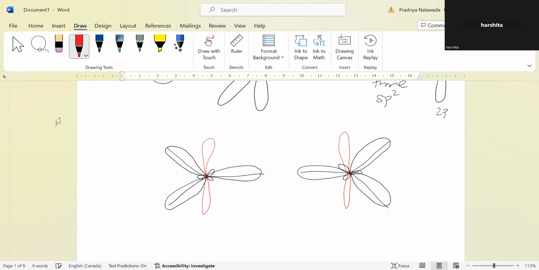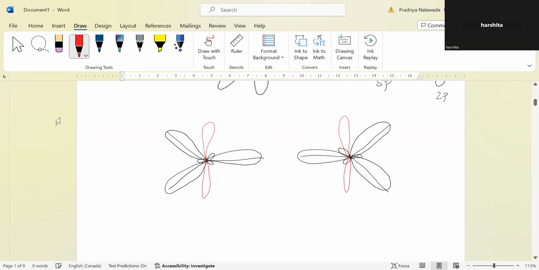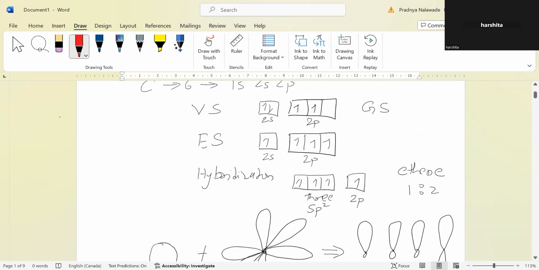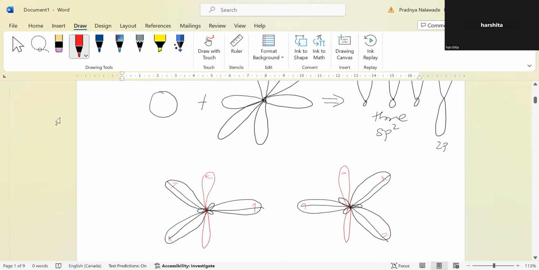Now understand, this has one electron, even this has one electron, this has one electron, and this has one electron, right? Does that make sense? So each one of them has one electron. Clear?